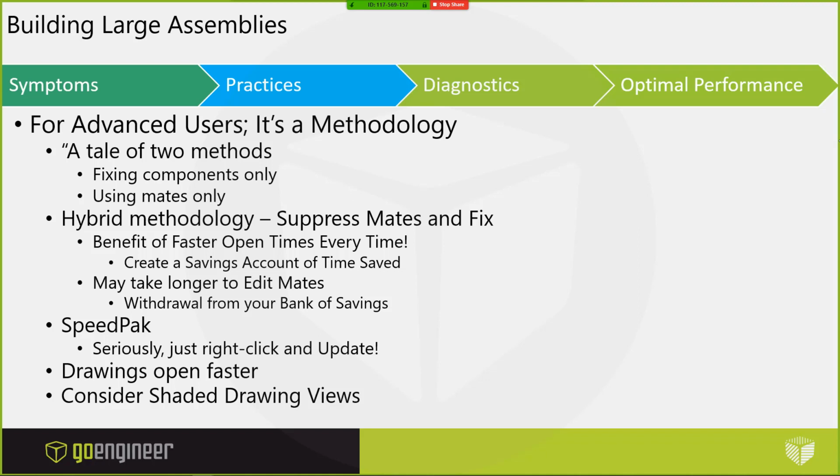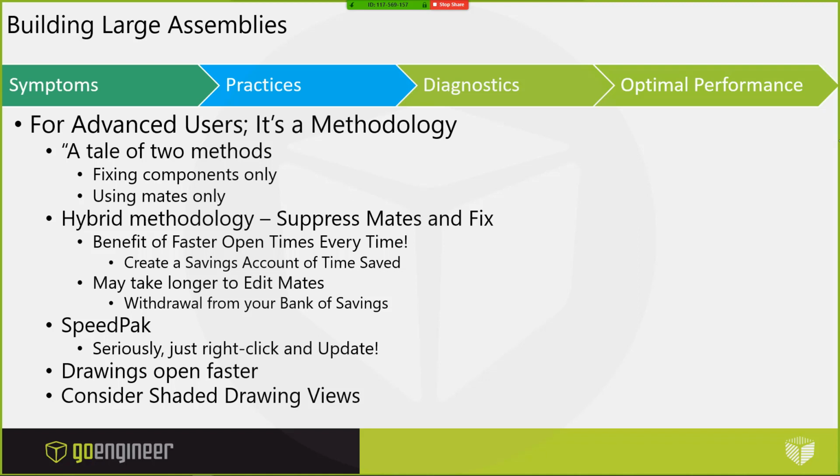When we use just fixing components, we lose all of the control that our mates offer us. But when we use mates, we introduce a lot of processing time into the opening and saving and rebuilding of the models. What we can do, however, is build our assemblies and mate everything together as we need to.